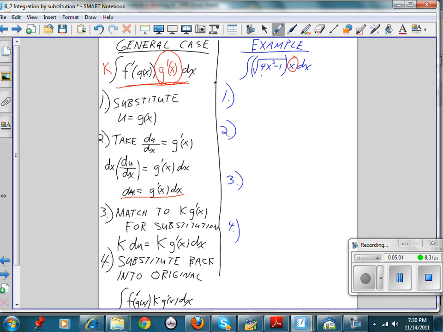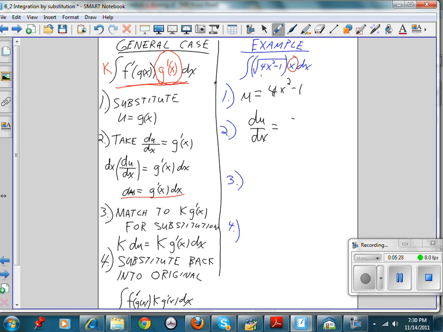So I'm going to set u, and now I'll go back to a different, not such an obnoxious color. I'll let u equal 4x squared minus 1, because I know the derivative of this is going to give me a function of x. Then I take the derivative. I say, well, what's du dx?